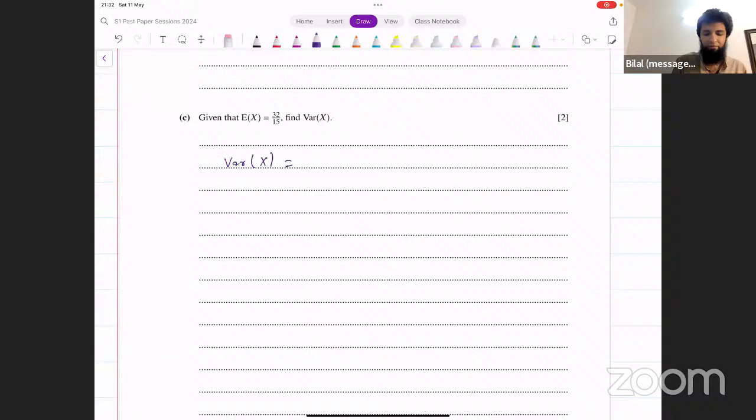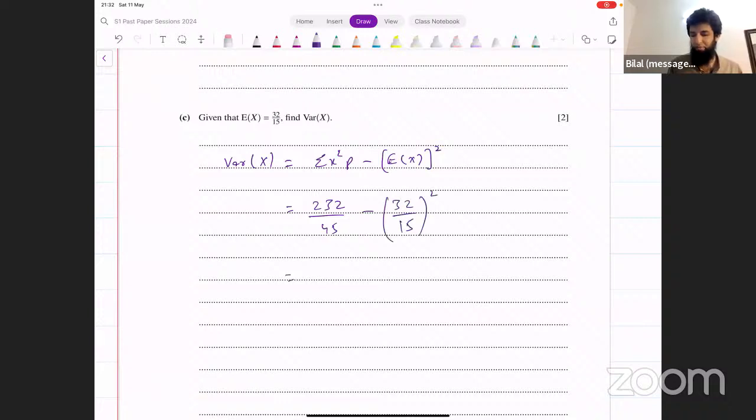So what's the variance of x then? Variance of x is given by sigma x squared p minus the expected value of x, whole squared. You found sigma x squared p there, that was 232/45, minus the expected value, which is 32/15, squared, and that should give you the result.